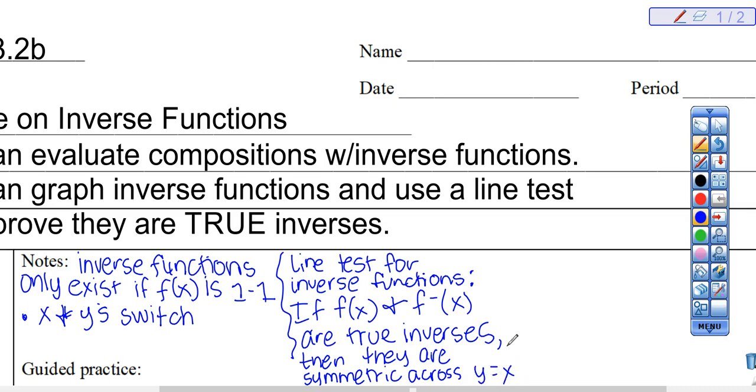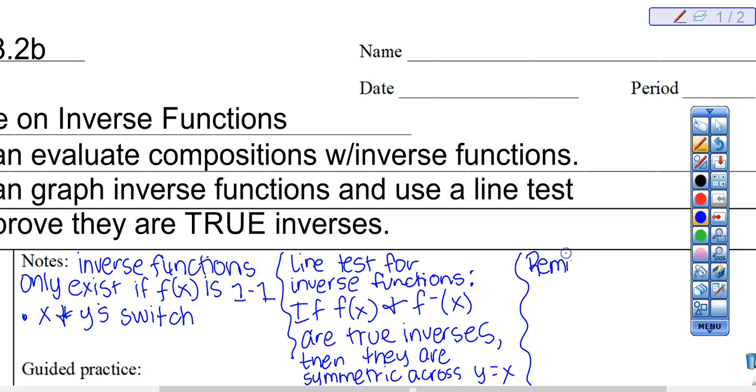And that's the line that you will use for your line test. And when we graph it, remind me that I'm supposed to graph it as a dashed line, not a solid line. Okay.